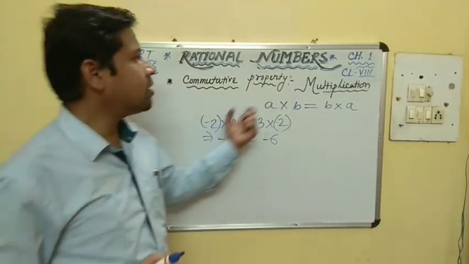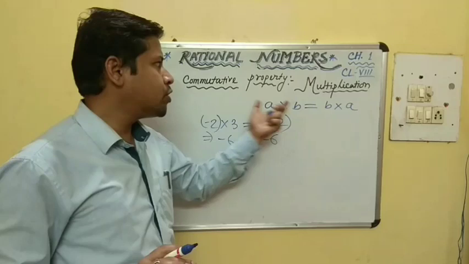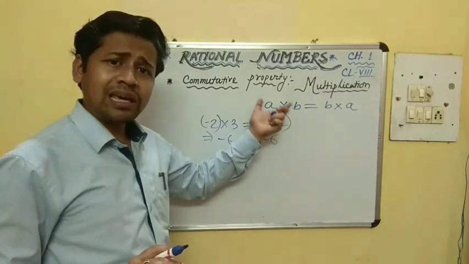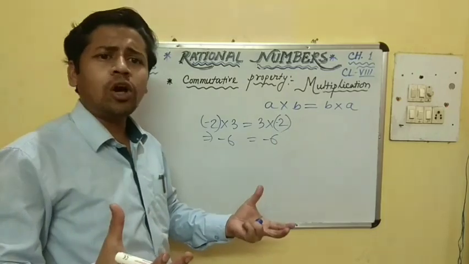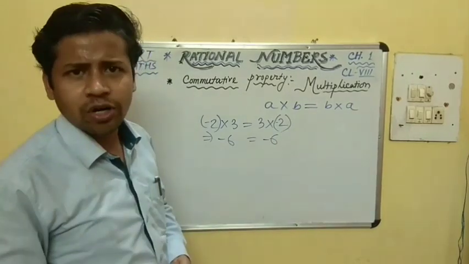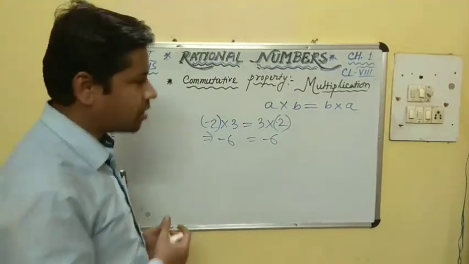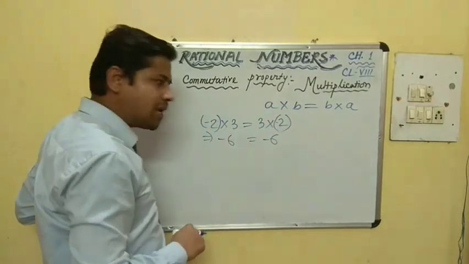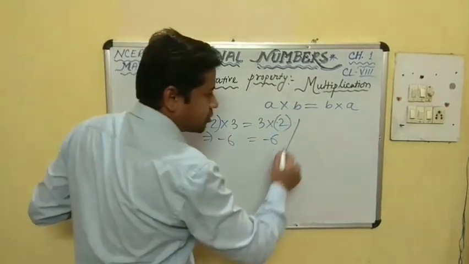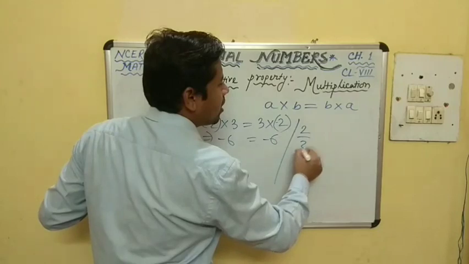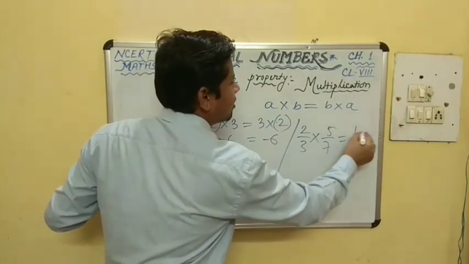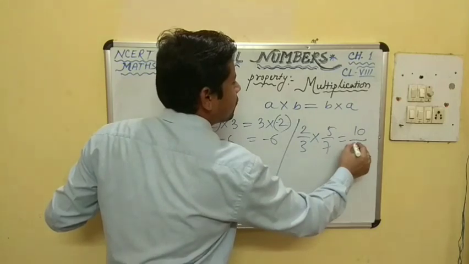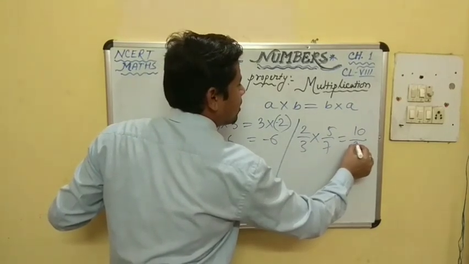So when we are multiplying any two rational numbers in any order, the product will also be equal in the reverse order. When we change the order, the product is equal. If you take fractional numbers, 2 upon 3 into 5 upon 7, the result becomes 5 2s are 10, 7 3s are 21.